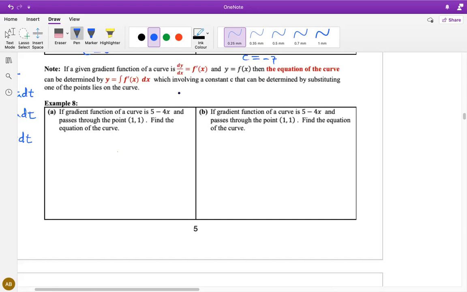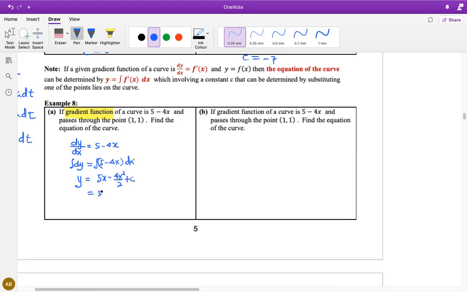Okay, if a gradient function is 5 minus 4x, read the question carefully. This is a gradient function. Therefore, I can write dy/dx equals 5 minus 4x. Therefore, integrate dy against 5 minus 4x dx. So I will get y equals 5x minus 4x squared over 2 plus c.